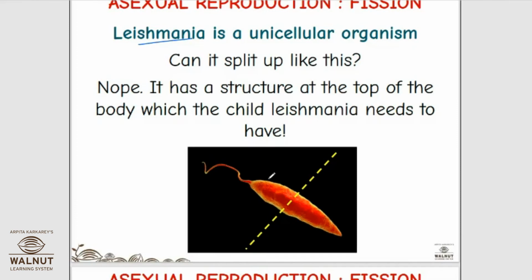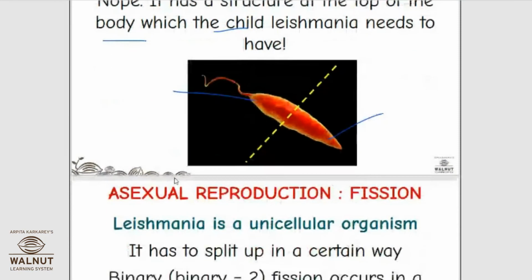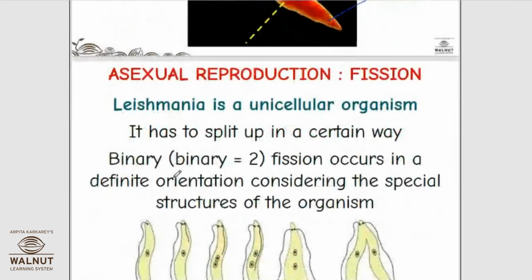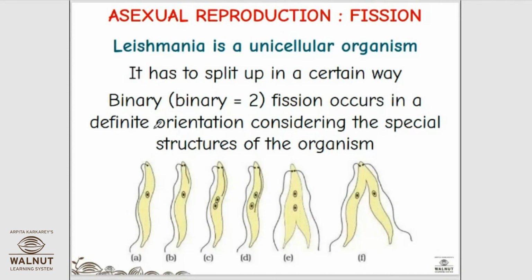No. It has a structure at the top of the body which the child Leishmania needs to have. If you try to divide it like this, this part will not have the tail and this part will not have the head. So what kind of division takes place here?